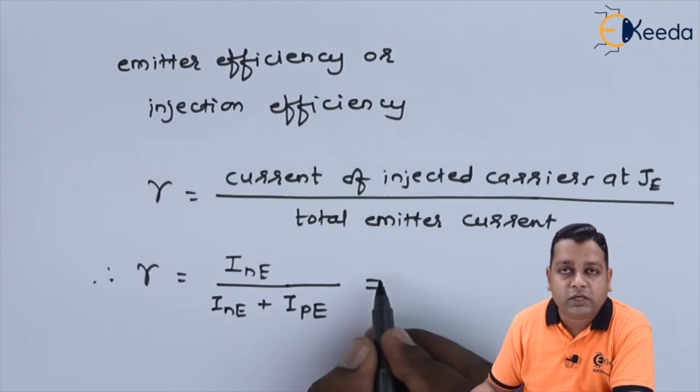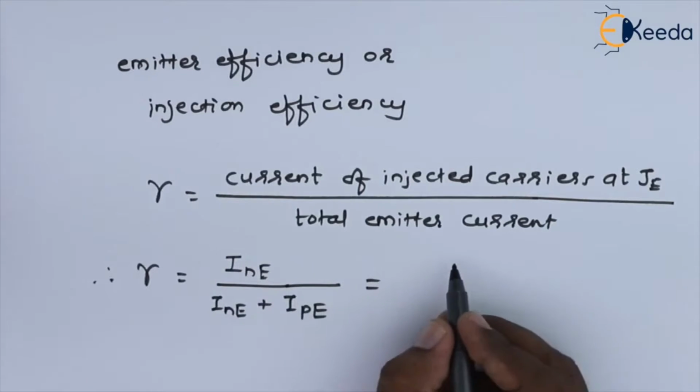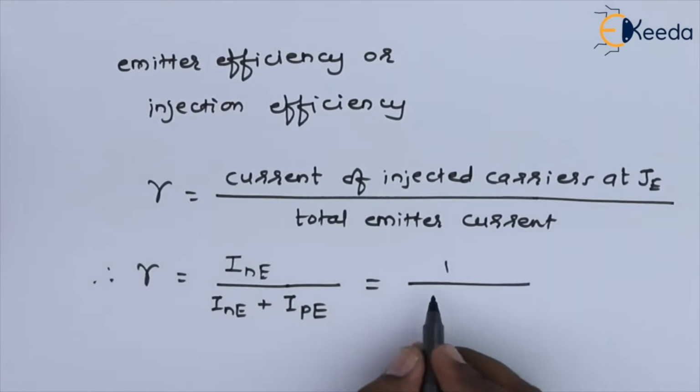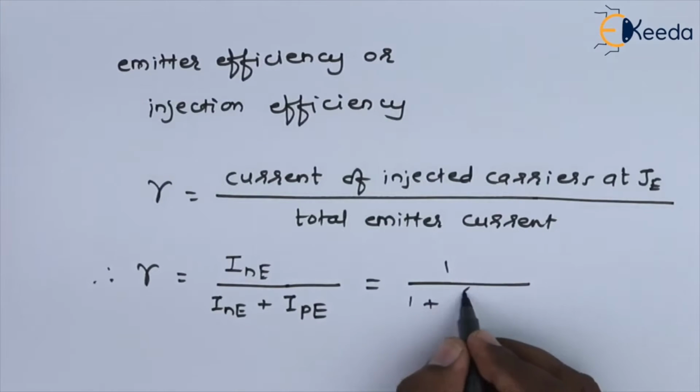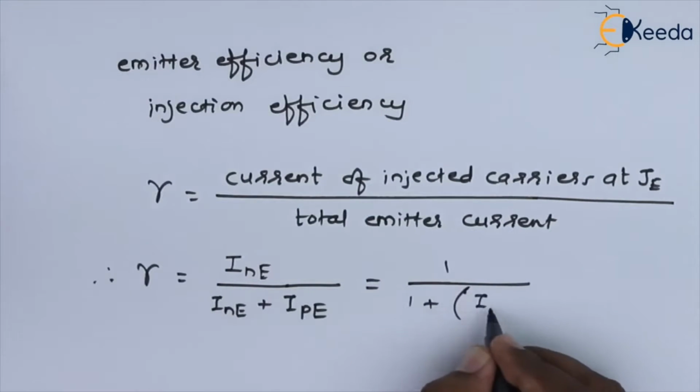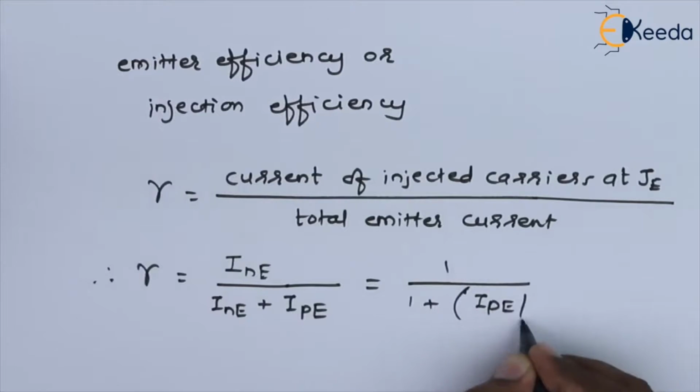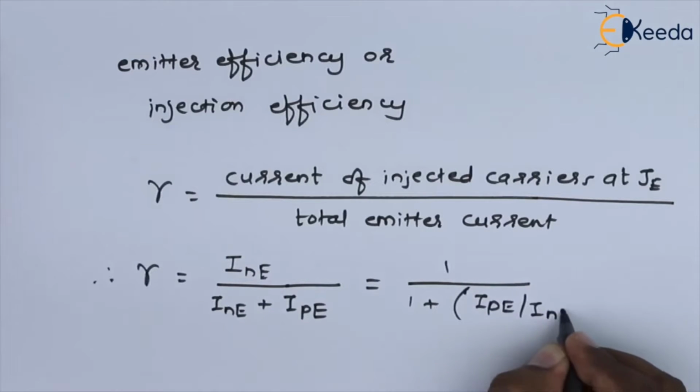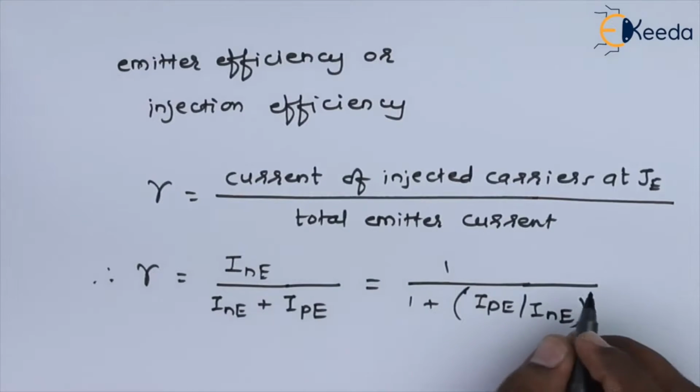Further, it can also be expressed as 1 divided by 1 plus, in the bracket, we shall be representing capital I suffix PE divided by capital I suffix NE here.